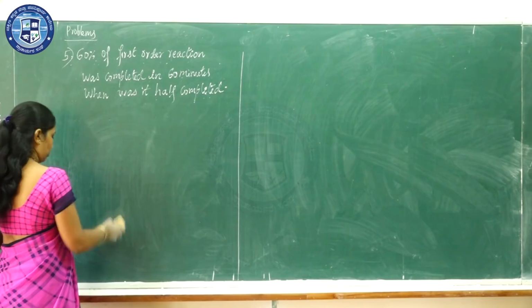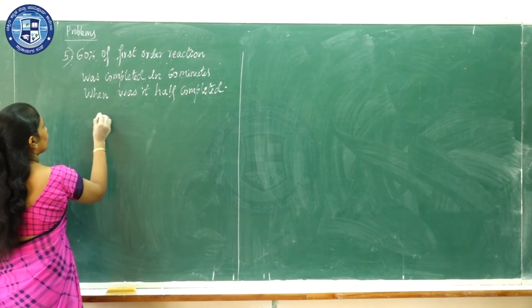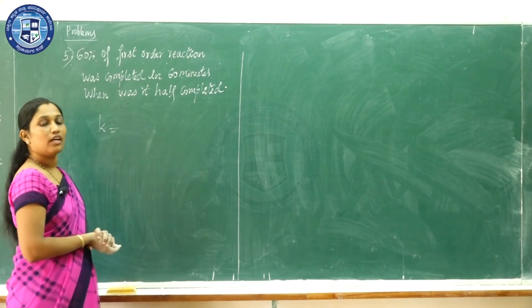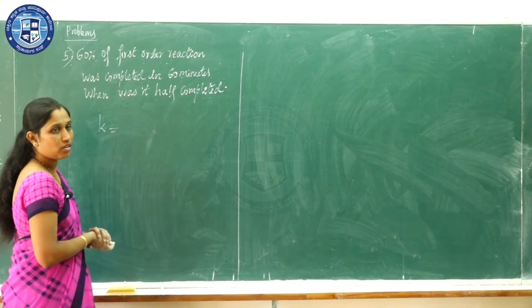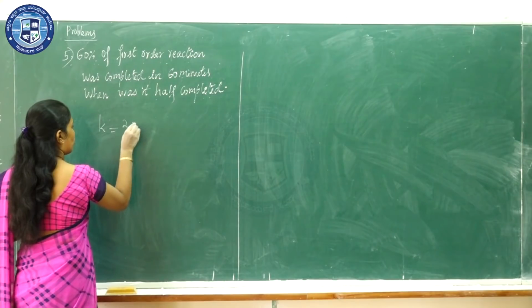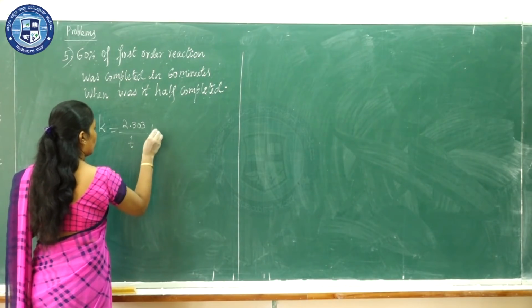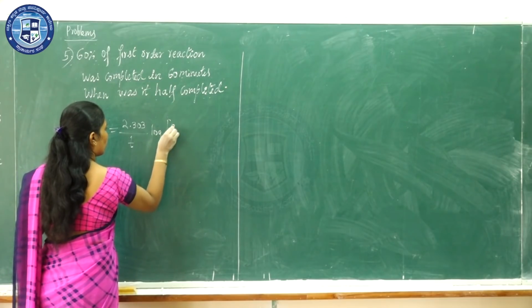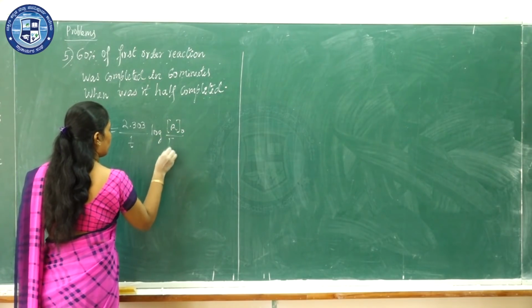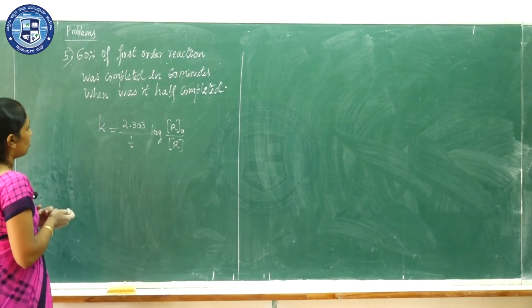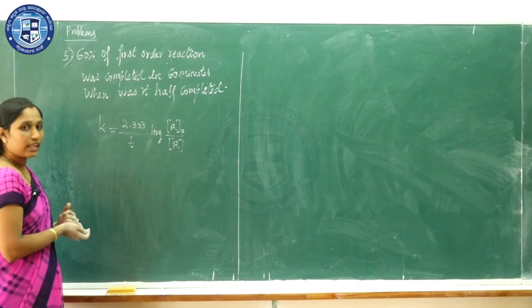First what we will do is, again we will write the equation for the rate constant of first order reaction, that is K is equal to 2.303 divided by T log of R naught by R.